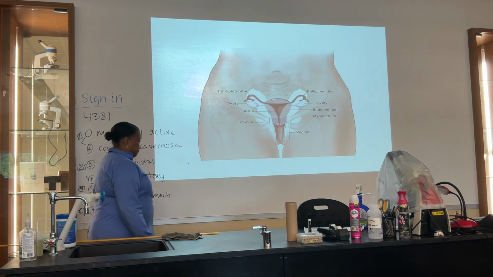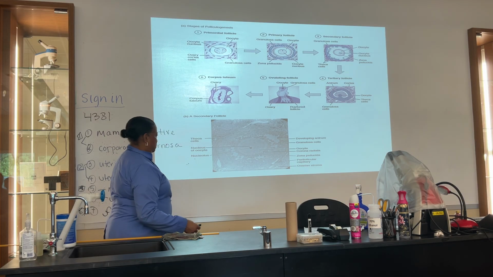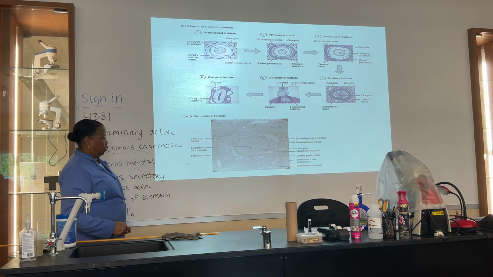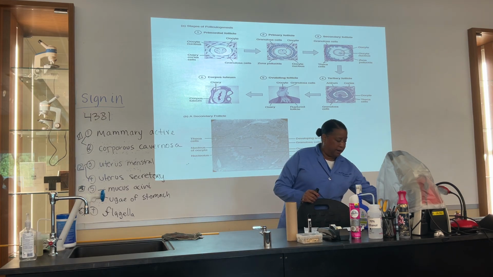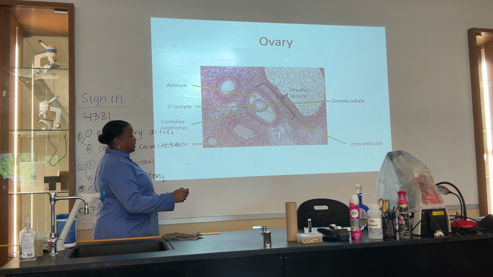All right? So when we look back at the ovary, now histology, okay? When we look at a real ovary under the microscope, this secondary follicle, if you look at your sheet, the things that you have to know from there is you have to know the Graafian follicle, okay? So this whole thing is the Graafian follicle.